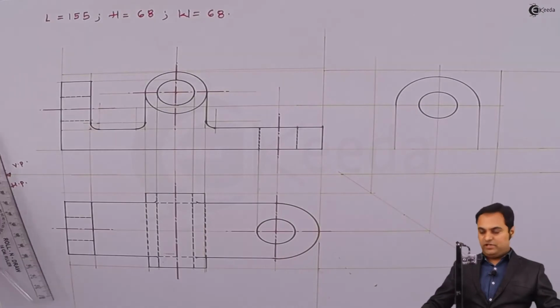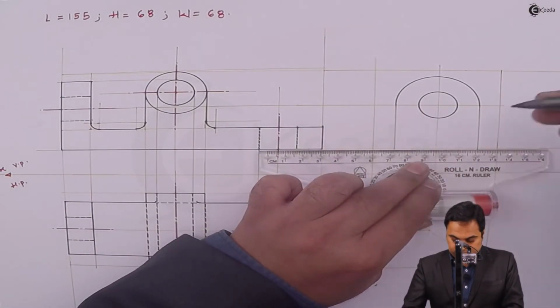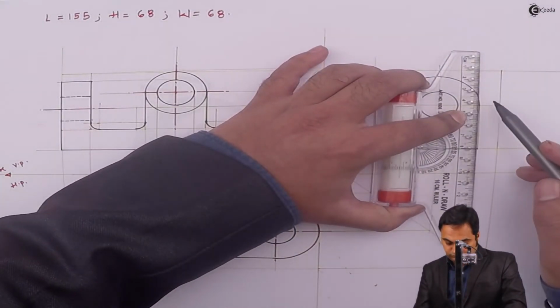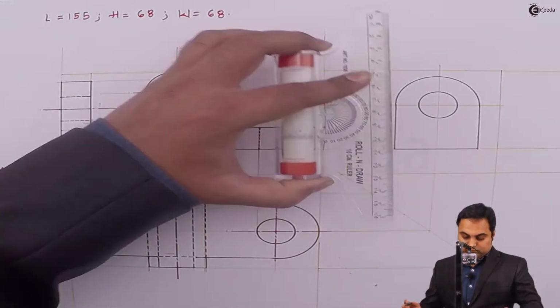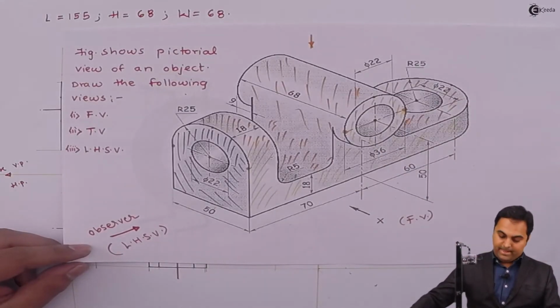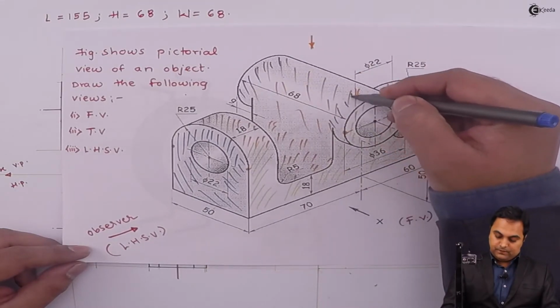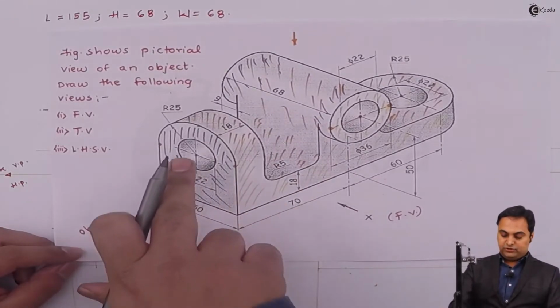This surface is visible. I'll make it dark. Here we are having this cylindrical surface. Some portion of it will be visible, and some amount of it is going behind this semicircle, so it won't be seen.